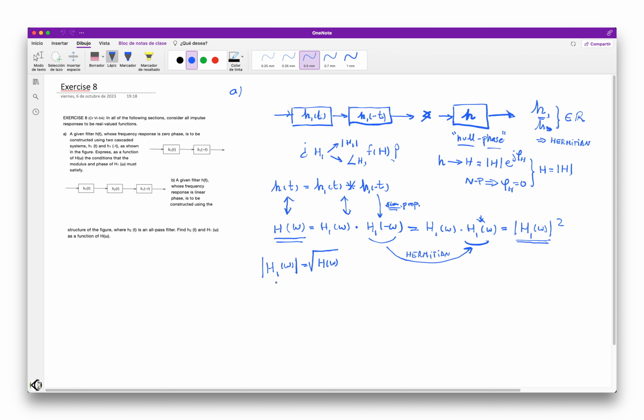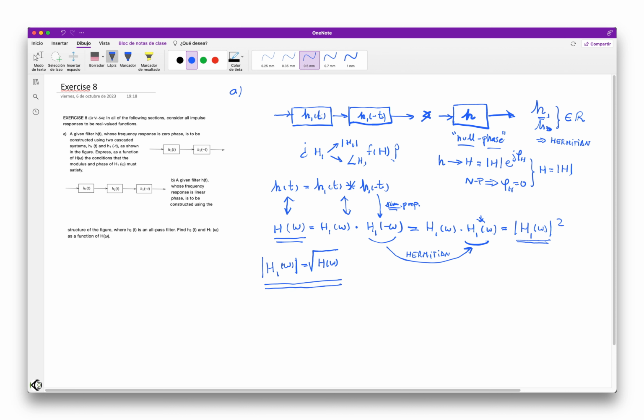If h1 of t behaves in such a way that its modulus is the square root of the system that we have, then the fact that both are in series, in cascade like it is, will create a null phase system. So that's the only condition.